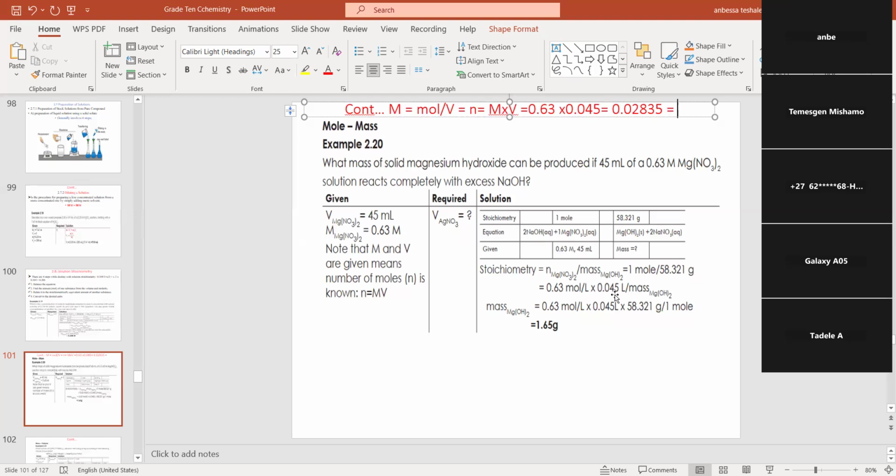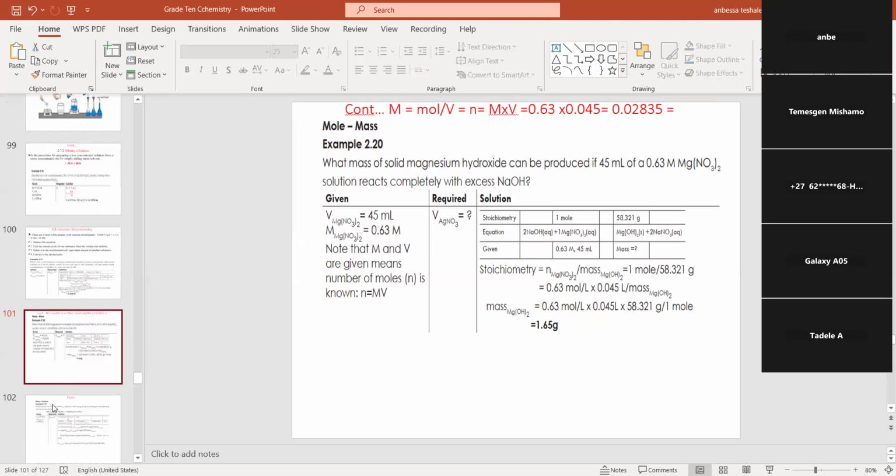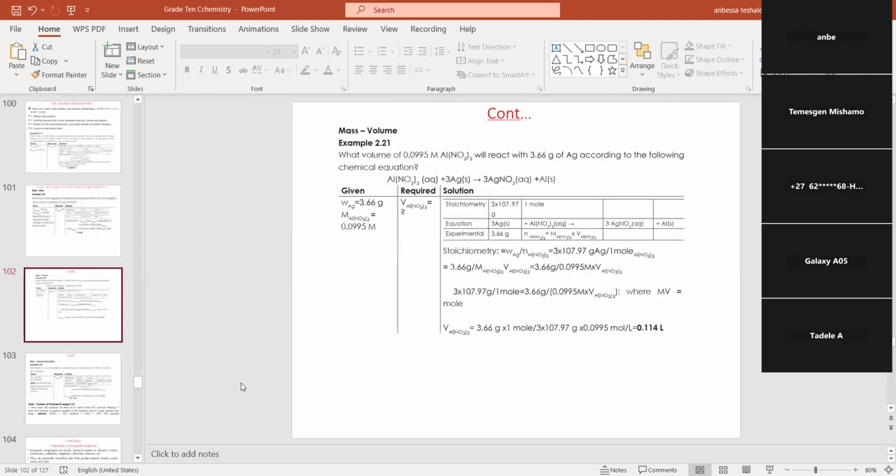Then 0.02835 times the molar mass of magnesium nitrate, I mean magnesium hydroxide, whose molar mass is 58.235. At the end we will get 1.65 kilogram. This is the mole mass relationship. After calculating the mole, we can simply find the mass, because 1 mole of any substance corresponds to its molecular mass. This is the mass volume relationship.